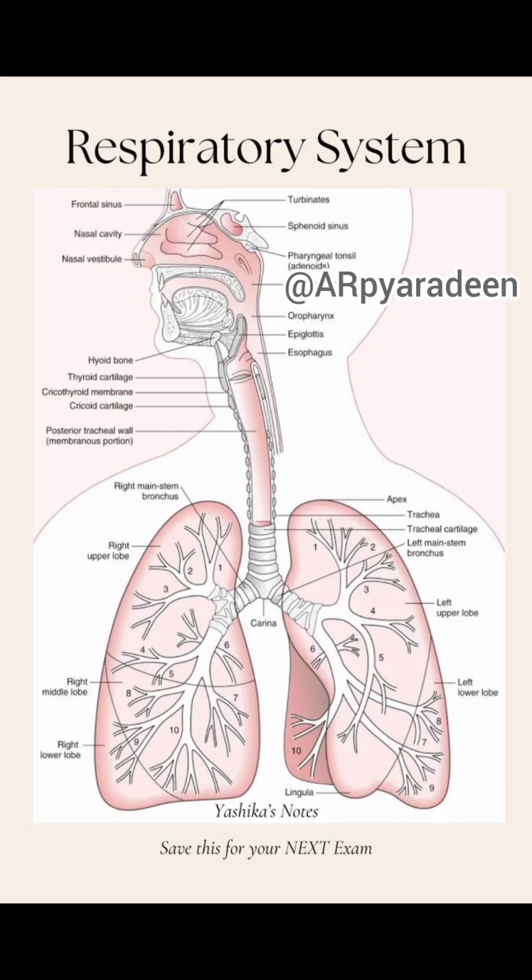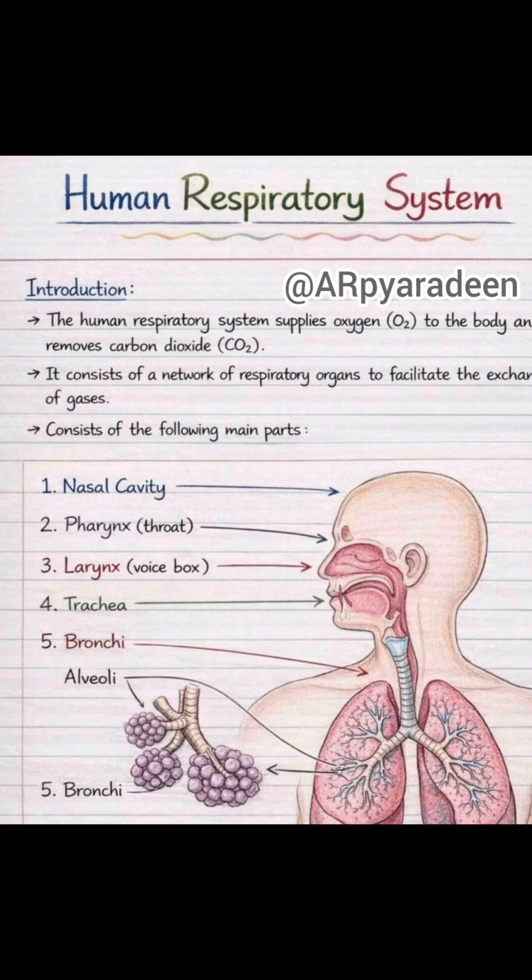So basically, if we go through the definition, all living organisms require a continuous supply of oxygen for cellular respiration, and the exchange of gases, oxygen and carbon dioxide, between an organism and its environment is called as what? Respiration or breathing.